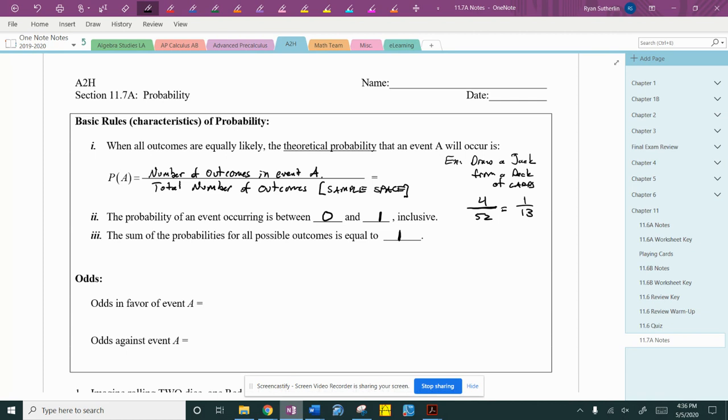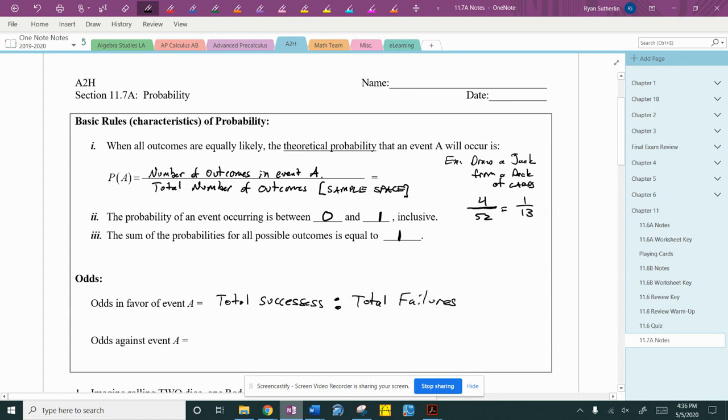Now, sometimes probability gets confused with odds. Odds are what you see a lot in sports. Odds is a variation of probability. If I have the odds of something occurring, it is the total successes, very similar to how probability starts, to, and you can use a colon or a fraction, to total failures.